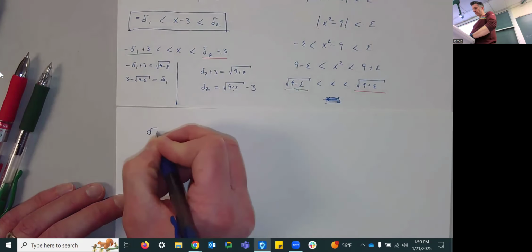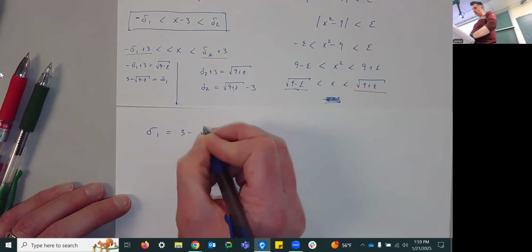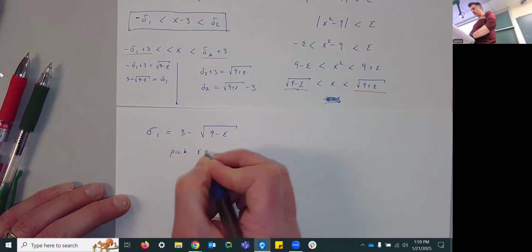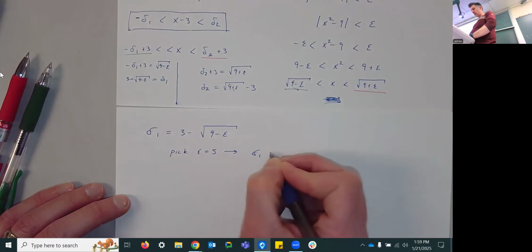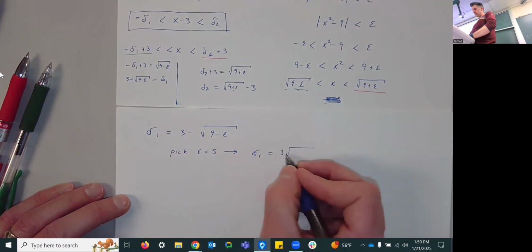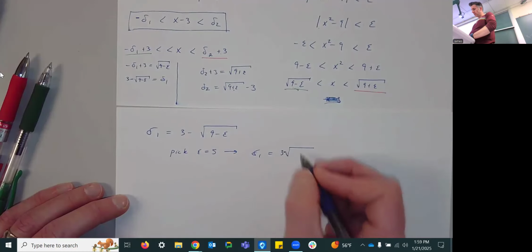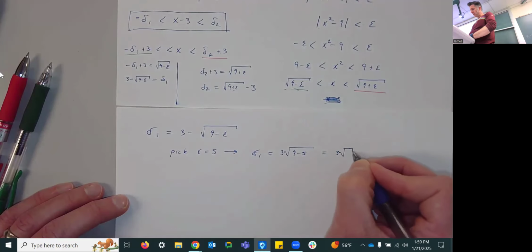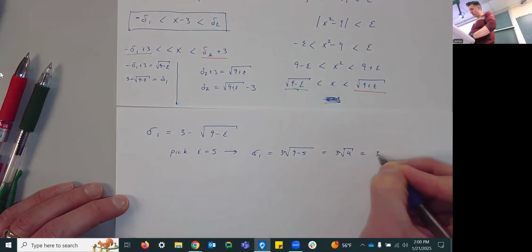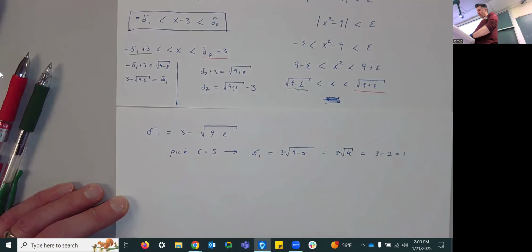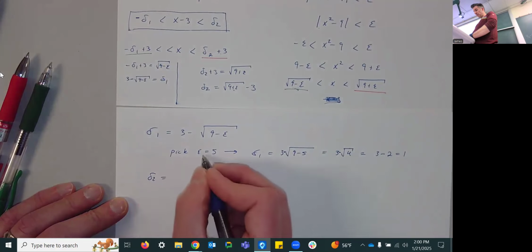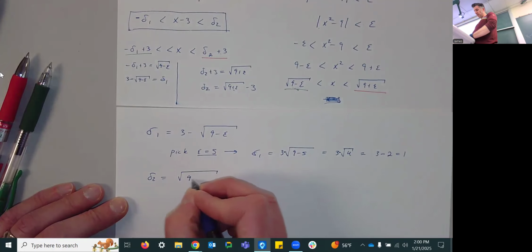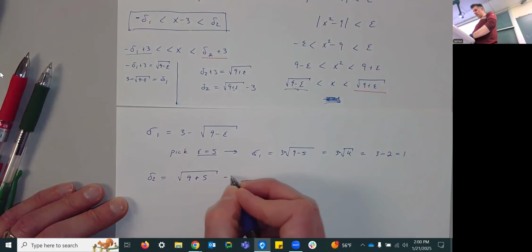So if delta 1 is equal to 3 minus the square root of 9 minus epsilon, and we pick epsilon equal to 5, we're going to get delta 1 equal to 3 minus the square root of 9 minus 5, which is 3 minus, wow, can I write a minus sign? Square root 4, which is equal to 3 minus 2, which is 1. On the other hand, if epsilon is equal to 5, our delta 2 is going to be the square root of 9 plus 5 minus 3.